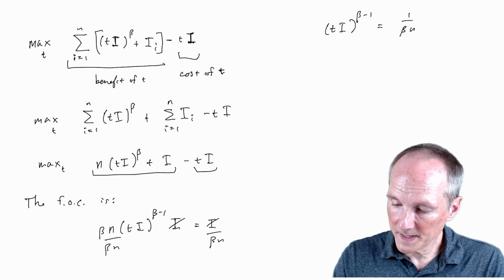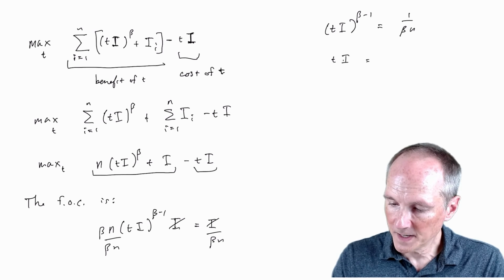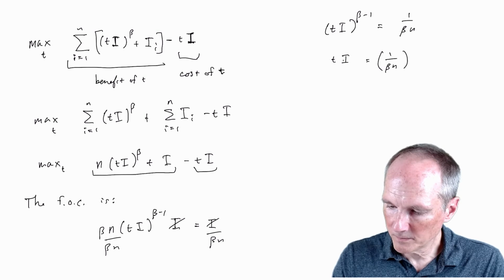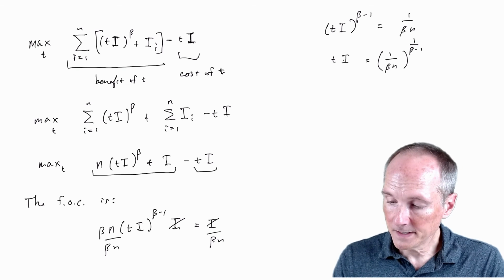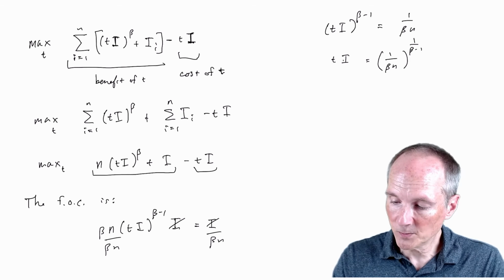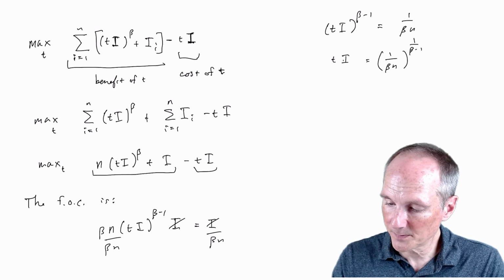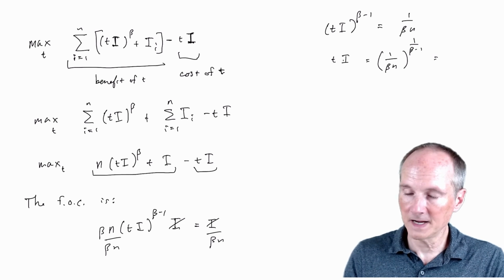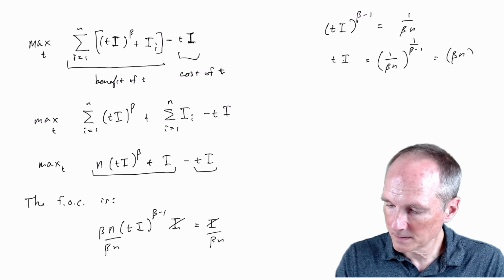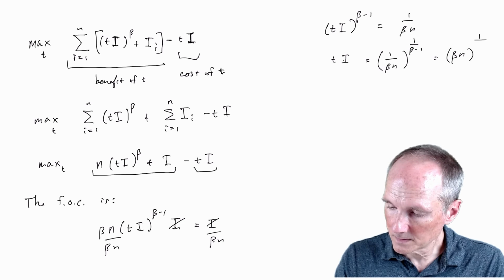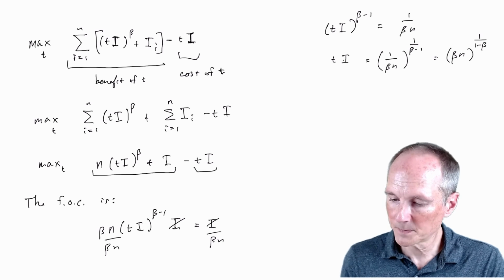Well, we can raise both sides to the power 1 over beta minus 1. Beta is actually a number between 0 and 1, so I kind of like to have the exponents positive, so let's write that as beta n to the 1 over 1 minus beta, okay?